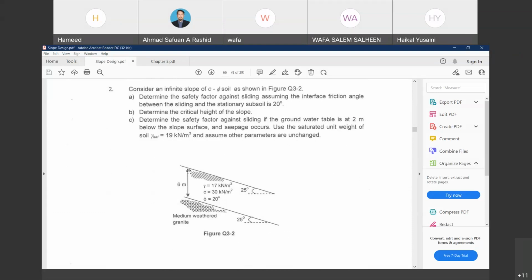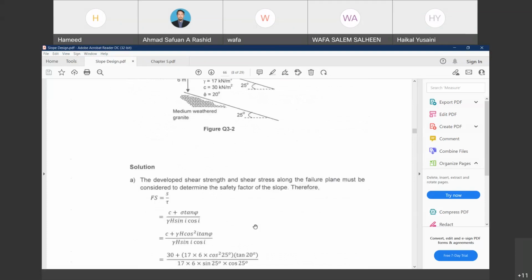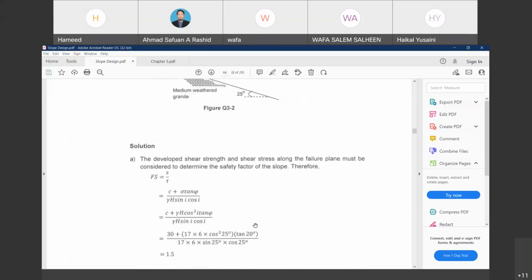The depth is 6 meters, unit weight 17, C is 30, and the angle of the slope is 25. First, the same approach: we calculate S and then get tau.